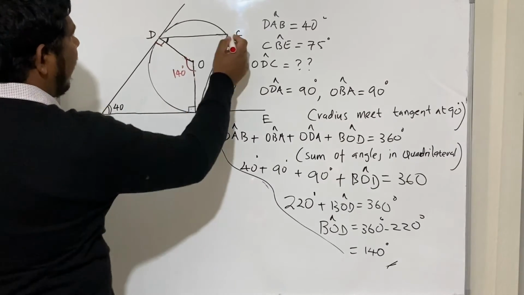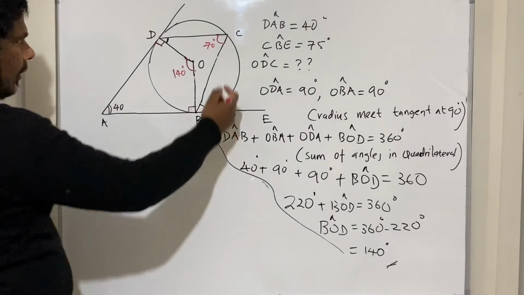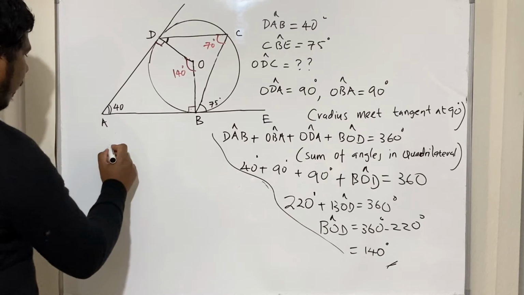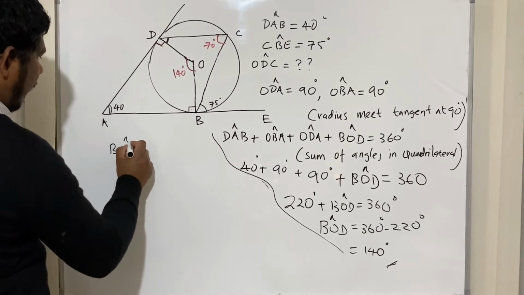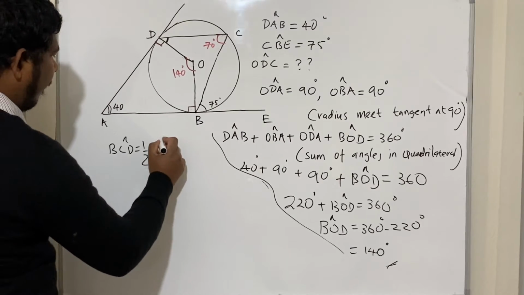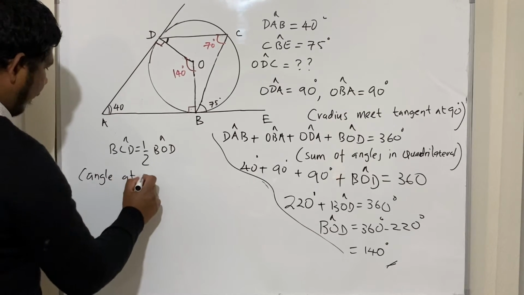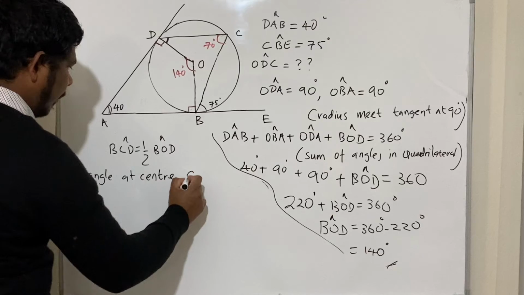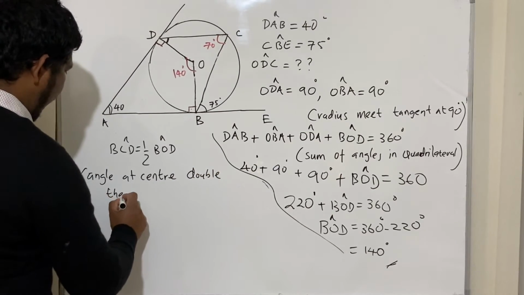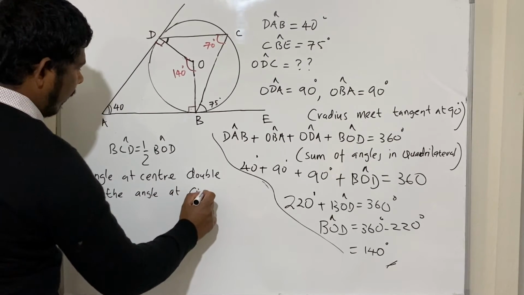Therefore, angle BCD is 70 because angle at center is double the angle at circumference. So we can write it down there. Angle BCD is half of angle BOD because angle at center is double the angle at circumference.